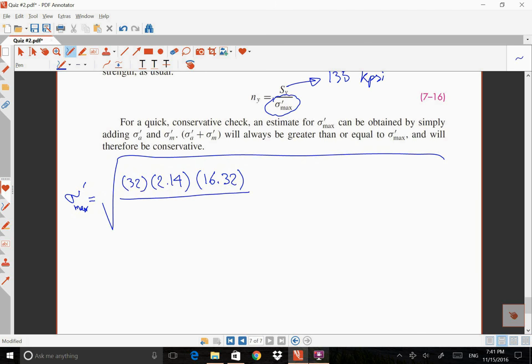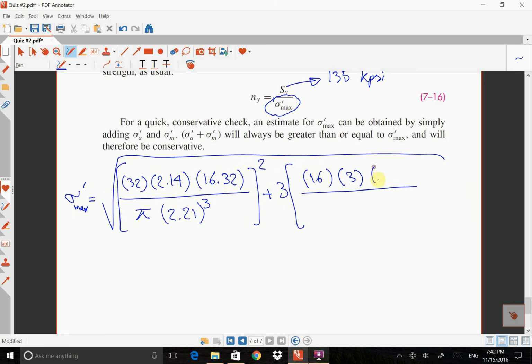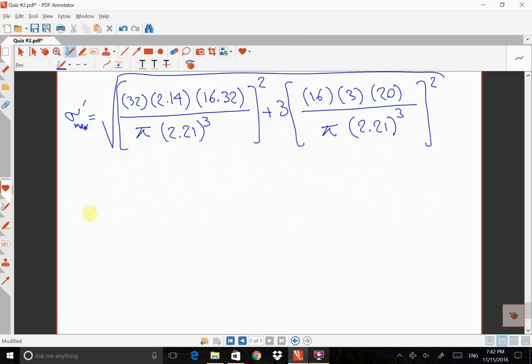I just applied whatever we found in the previous step. Pi times 221. And we need to be careful about the units. The whole part, this one, is to the power of 2, plus 3 times the 16,3,20. This is to the power of 2. And the denominator is pi times 2.20 to the power of 3. So I can simplify that one.